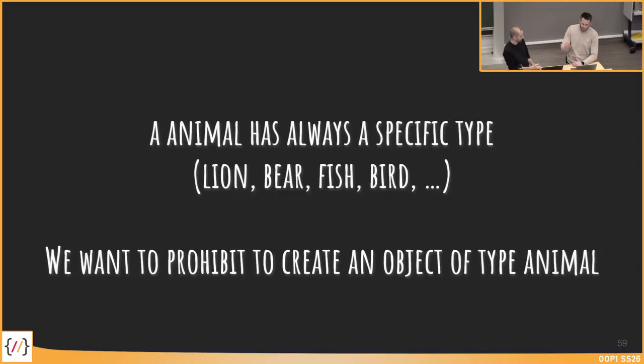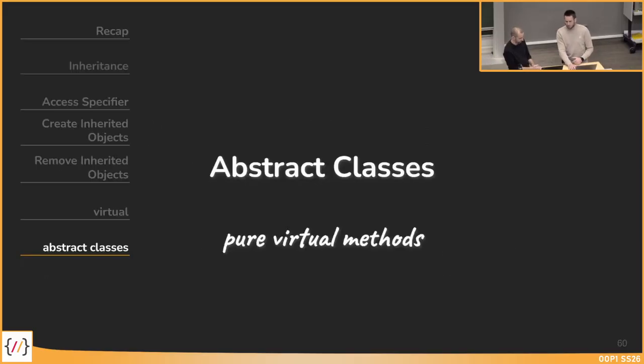So in our case, a lion, a bear, a fish, a bird, and so on, but never an animal on its own. We can do this with so-called abstract classes, and we need pure virtual methods for realizing abstract classes.